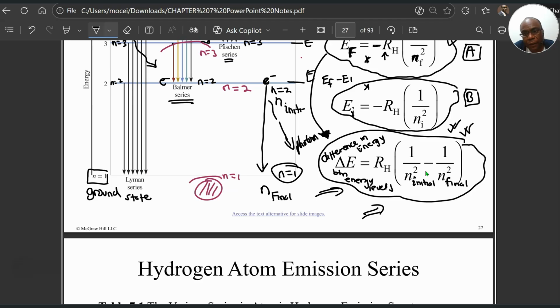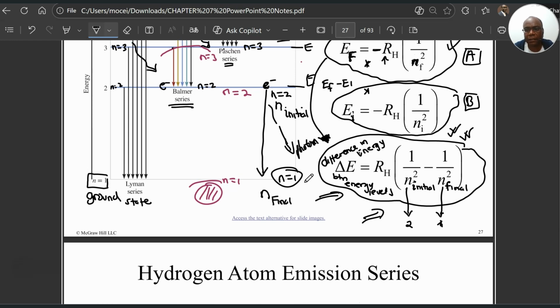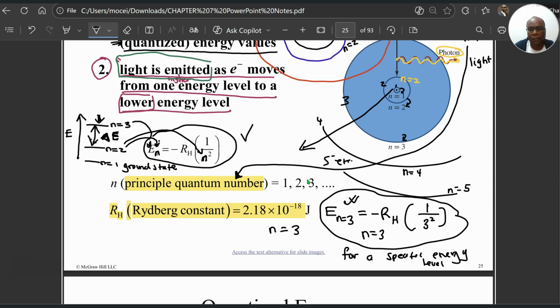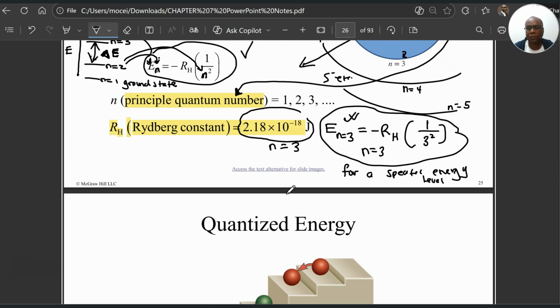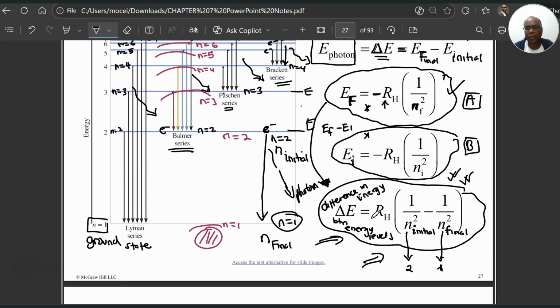Now, if I know that n equals 2 is n initial, my n value here will be 2 and my n value here will be 1. N final is n equals 1. I know my Rydberg constant, which is given here, 2.18 times 10 to the power minus 18 joules. Therefore, I can solve for the energy of the photon, delta E. And that's what we're going to be doing.